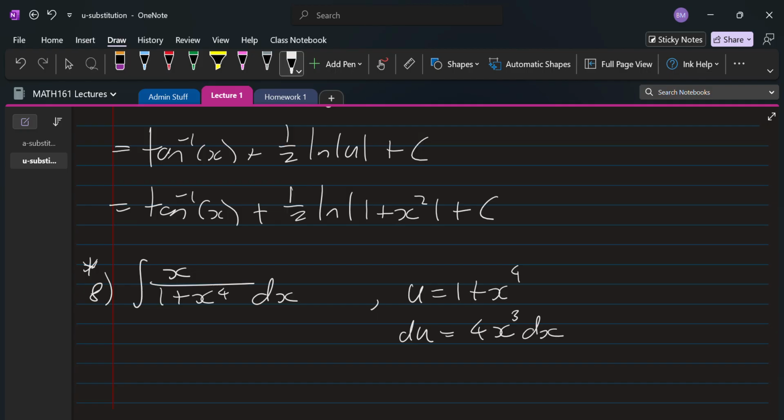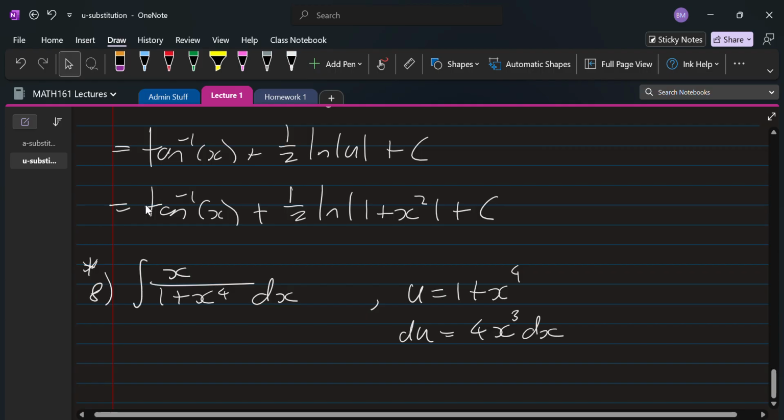Now, what do we want to do? We want to get to x. We've got that over there. What can we do? Factorize? No, can't do any factorizing.